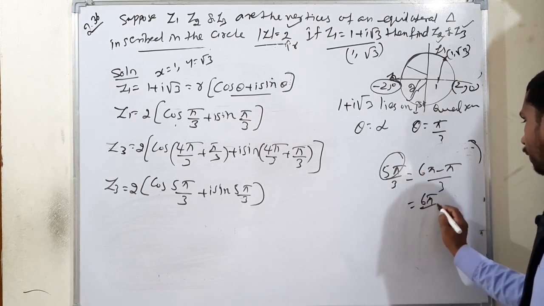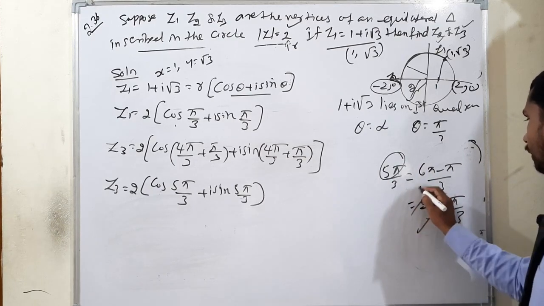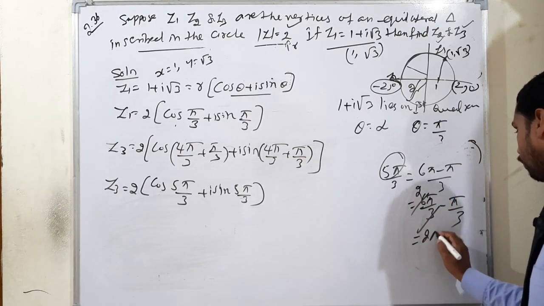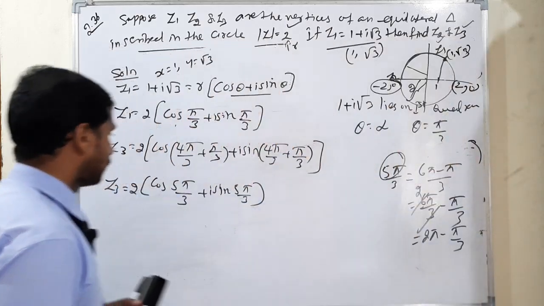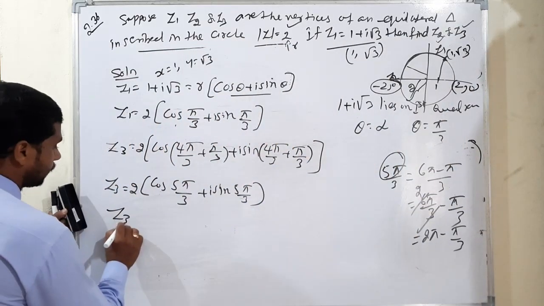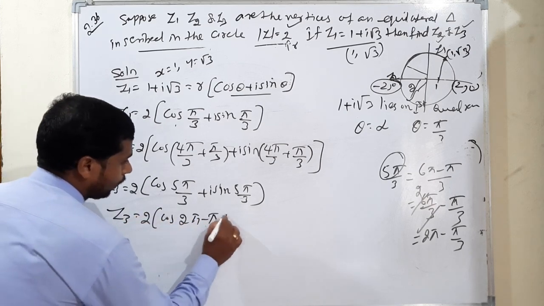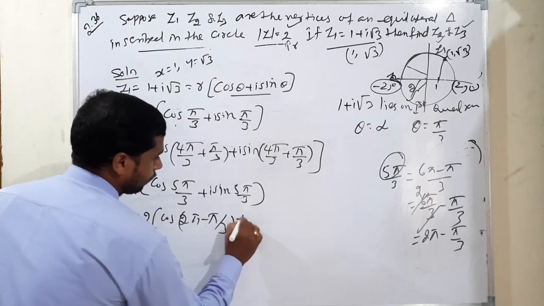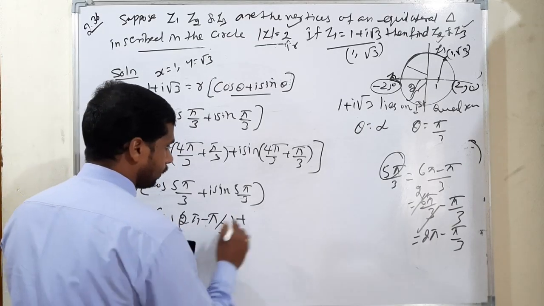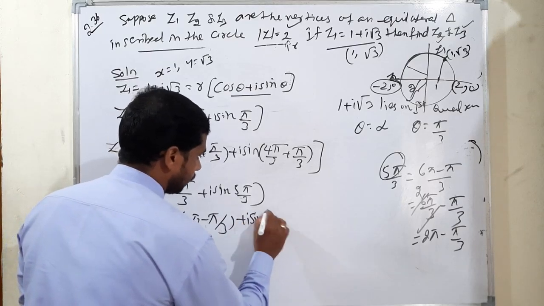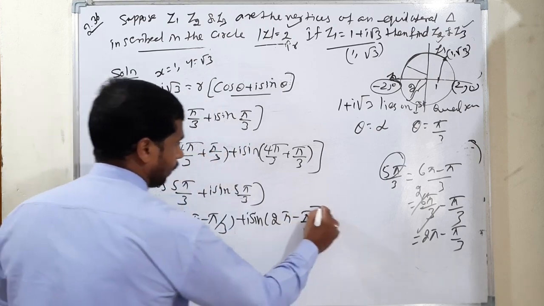Therefore, if you separate, 6 pi by 3 minus pi by 3. 6 and 3 cancel, which means 2 pi. So, 2 pi minus pi by 3. Therefore, Z3 is equal to 2 into cos of 2 pi minus pi by 3 plus i sin of 2 pi minus pi by 3.